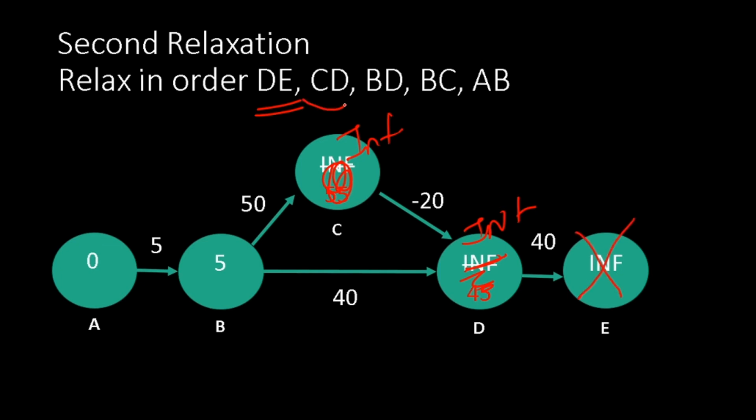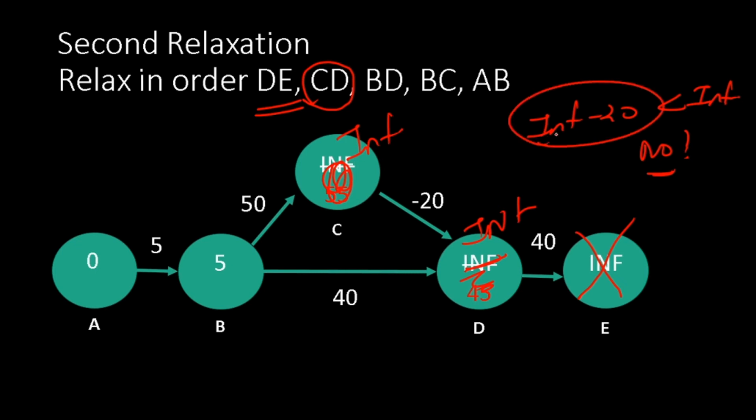Okay, now let's look at CD. I'm going about this somewhat slowly. CD, what's happening? Infinity minus 20. Is it less than infinity? No. Why? Because infinity is an infinite concept. Okay, infinity doesn't change. So no relaxation happens here also. Now here is where things get interesting.